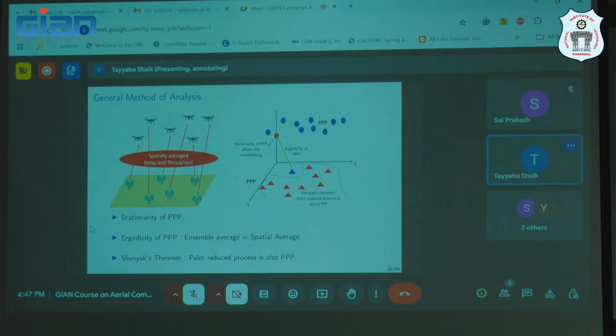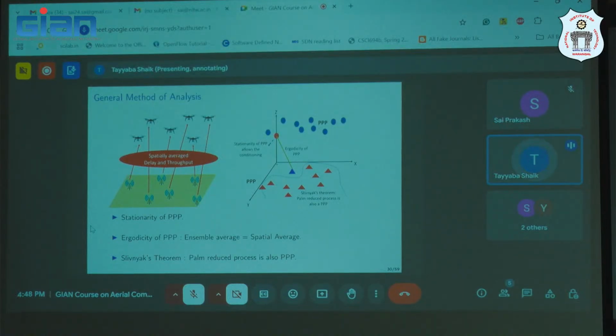But if you recall the ergodicity property from the first part of the course, that's what we will be using in the current work. The actual metric that we are interested in is a spatially averaged delay. Suppose that each UAV has a nearest base station associated to it, and each UAV receives some data packets from its ground base station, and on each link there might be some amount of delay.